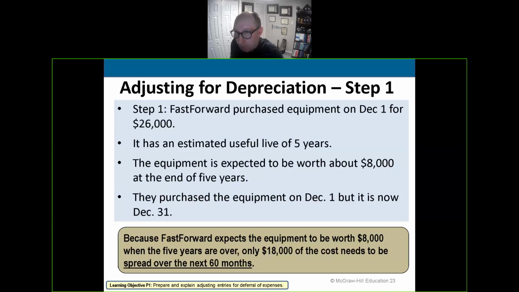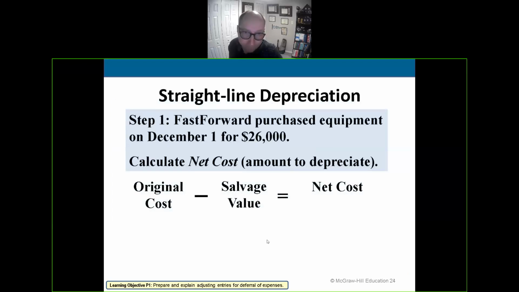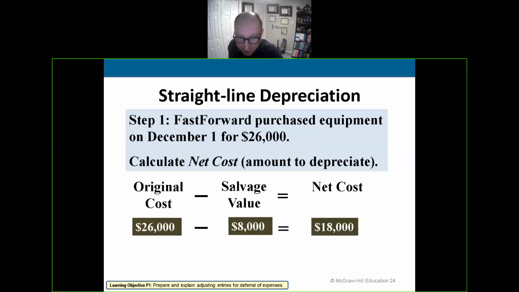So I can take my 18,000 divided by the 60 months to give me the amount per month, if you needed to break it out that way. It's always best to do it annually, but sometimes you might need to do it monthly.